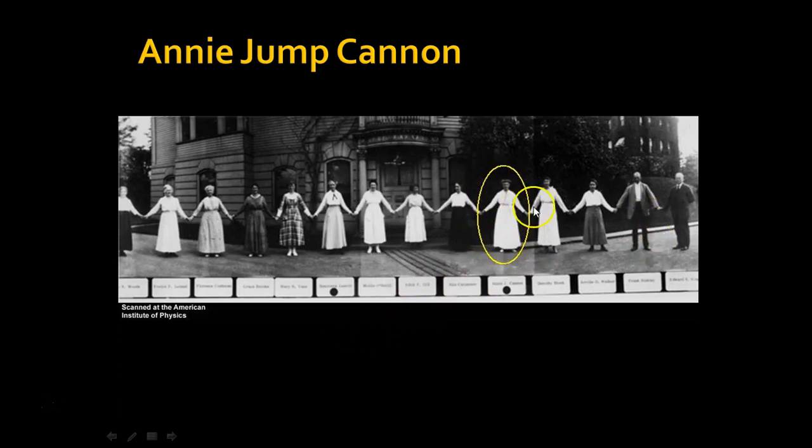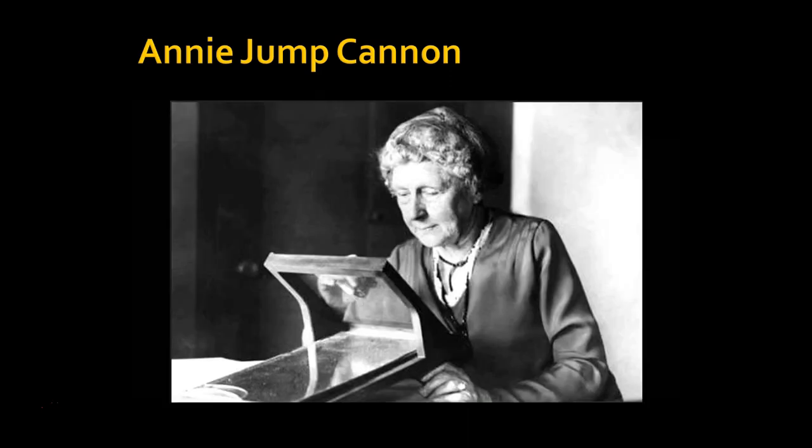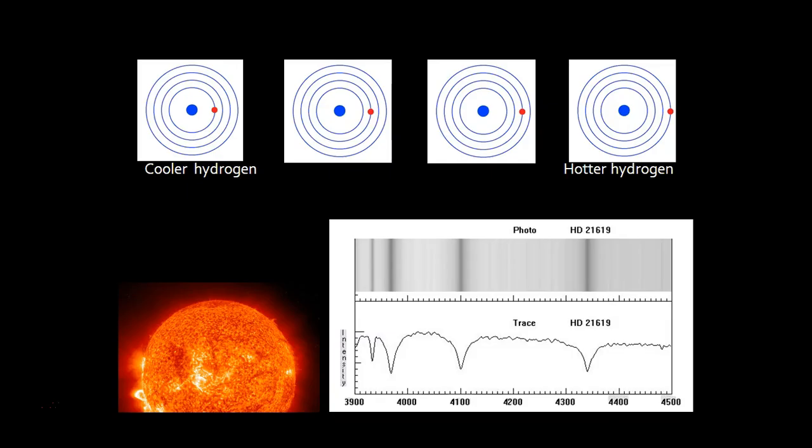But Annie Jump Cannon was the person who ended up constructing the new system. There she is, as you can see, with the photographic plates of the spectra, and here she's got the microscope. She was responsible for the classification of many hundreds of stars.